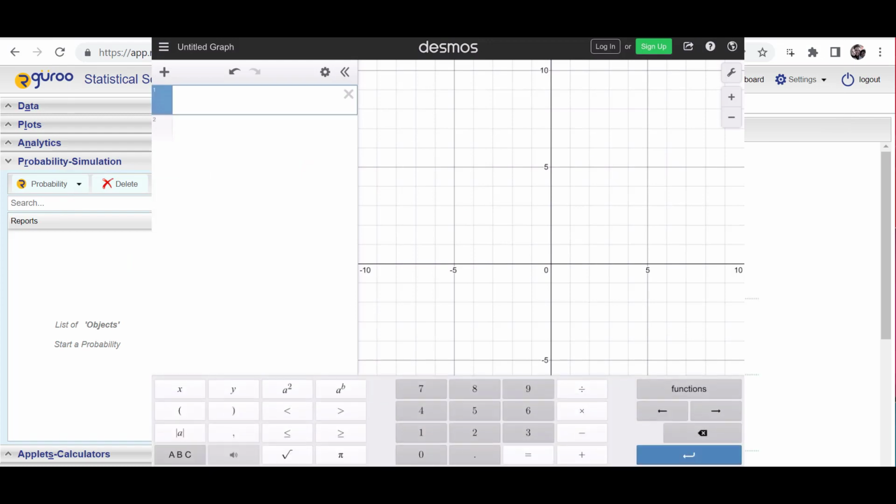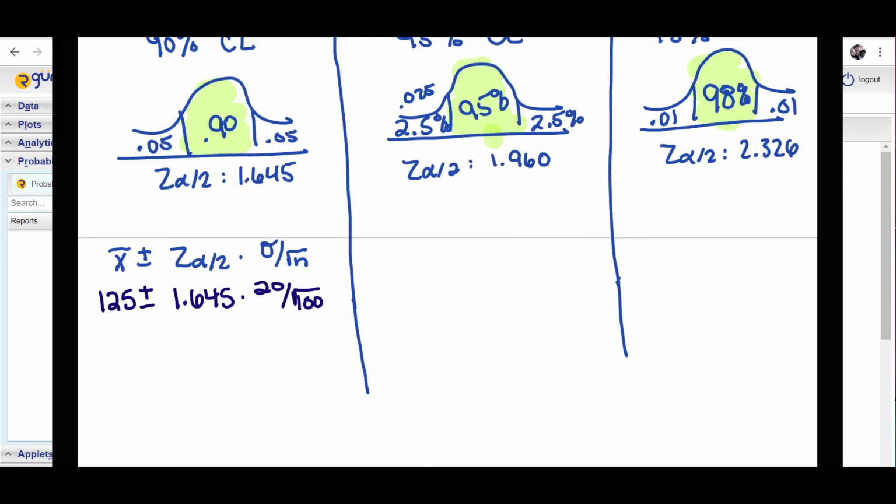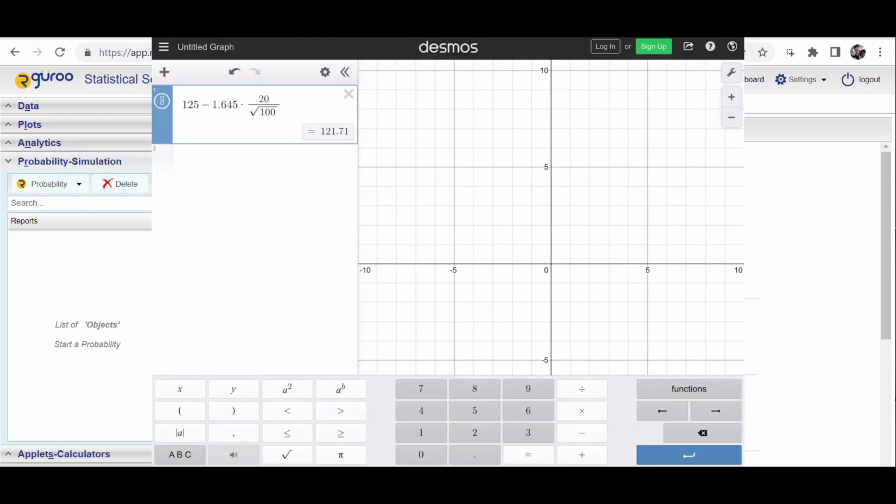And we have 125 minus 1.645 times 20 over the square root of 100. And we get 121.71. So let's write that down. 121.71. And we'll do this again with a plus sign. And you get 128.29.